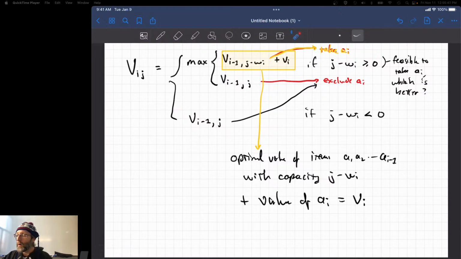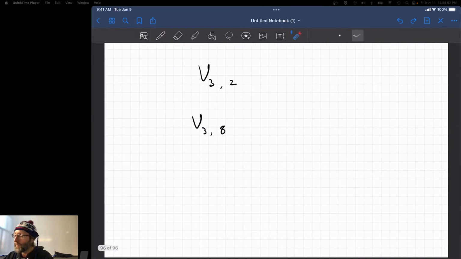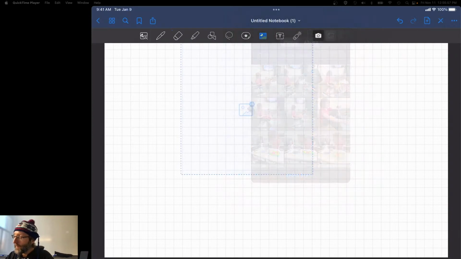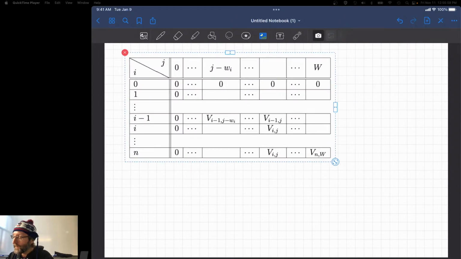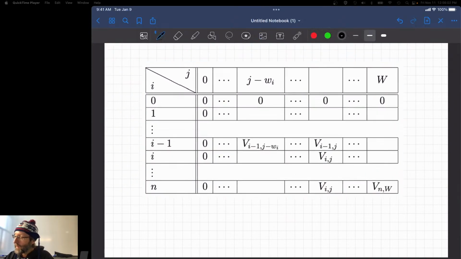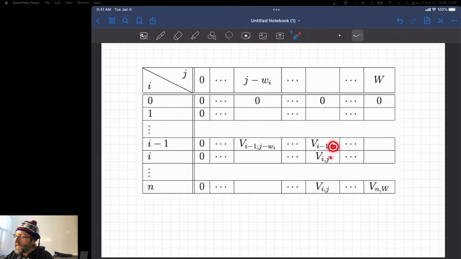So our current solution here depends on this solution and this solution. Where are those with respect to the table? Let's bring that table back in here. There it is. So my solution right here is V sub ij. V sub I minus 1, j is just going to be one row up, in the exact same column.